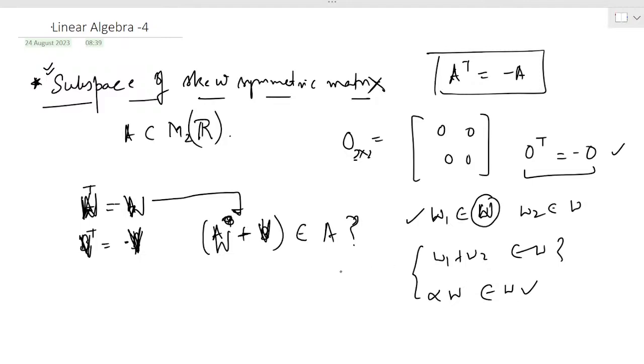So let me see whether W plus V also belongs to A. I take the transpose. W plus V transpose is simply W transpose plus V transpose.